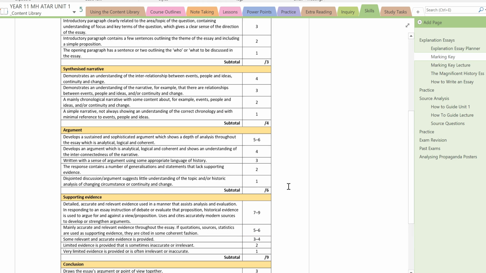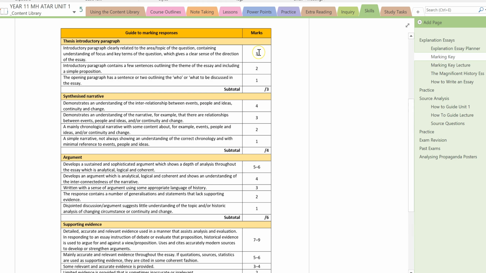So like any rubric, you've got a high 3 out of 3 and you've got a 1 out of 3. So really it depends on what you're aiming for. It is absolutely possible to get 3 out of 3 in this, as long as you stick to the formula. And there's little tips over the side that we'll go into as well, but I just want to go through this first.